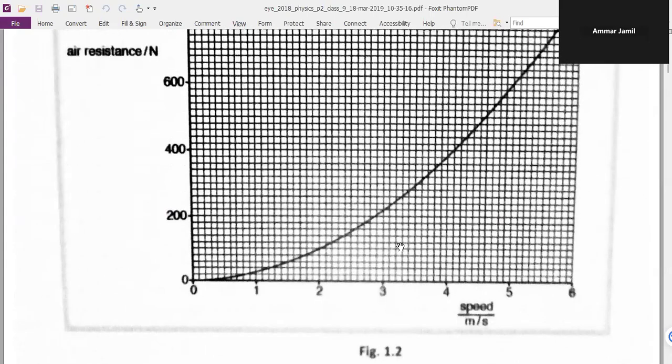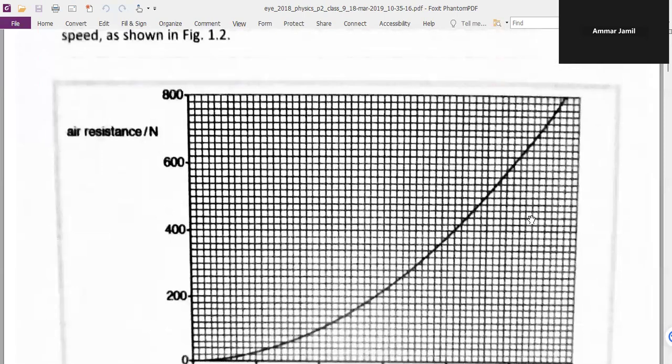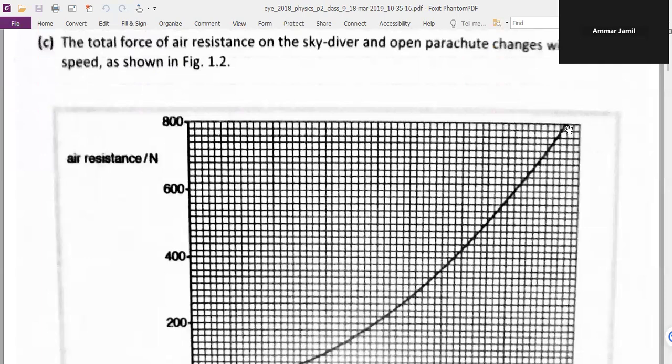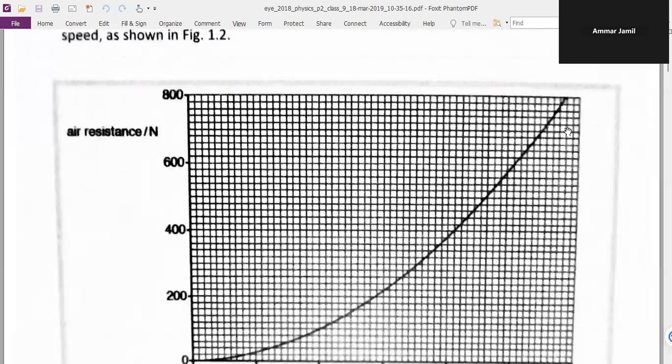So what you will do here is, you will take the gradient of, no, it's not the gradient because this is not a speed time graph. This is a speed and force graph. As you can see the speed is increasing all the way up to 6. It is just short of 6. I can see it is 5.8. So 5.8 will become the final velocity where the velocity stops increasing.